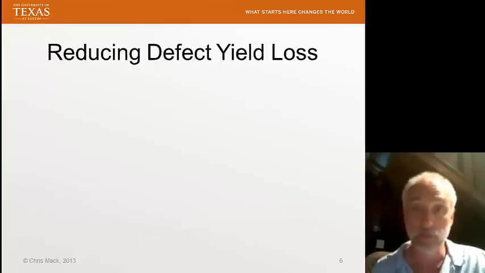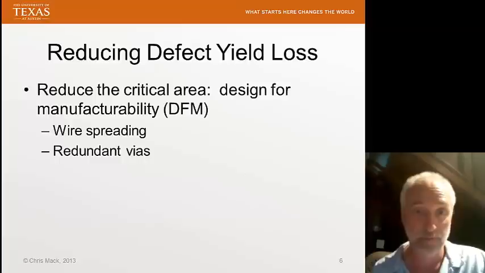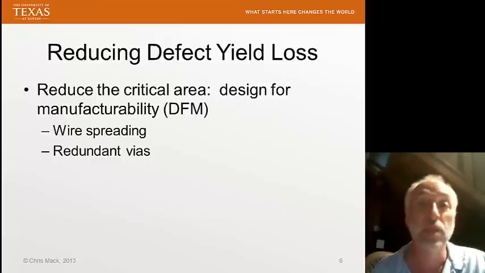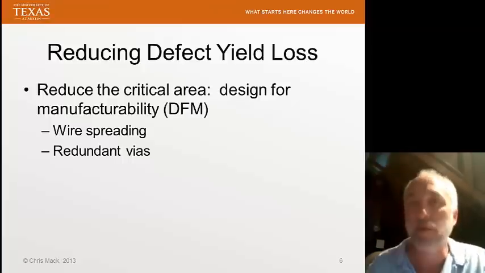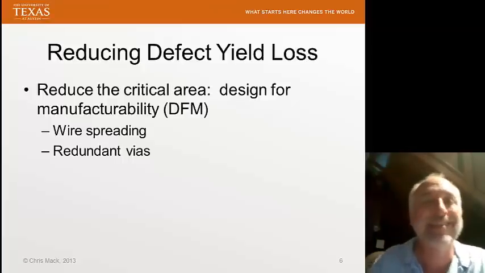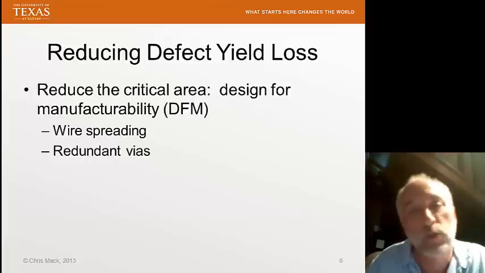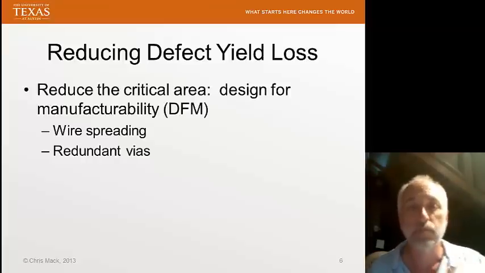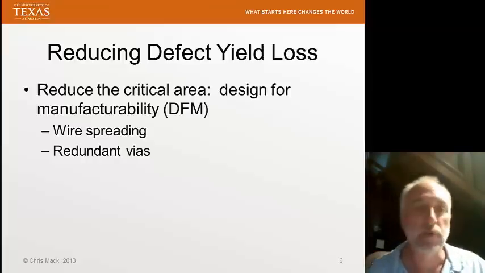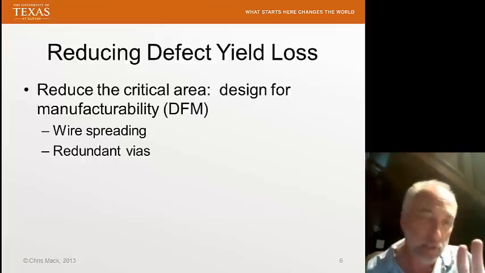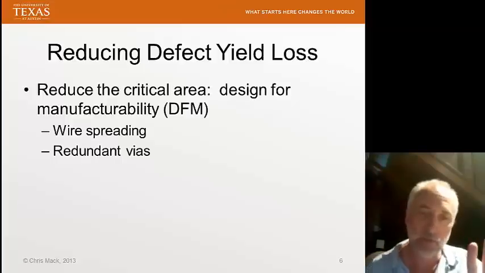So how do we reduce defect yield loss? Well, I guess later is right now. We'll reduce the critical area. This is something called design for manufacturability. We look at our design and say, is there any way we can tweak this design so that it's less sensitive to a defect? One of the examples is wire spreading. Suppose I have a whole bunch of wires and they're very dense, but I have some open space next to it.